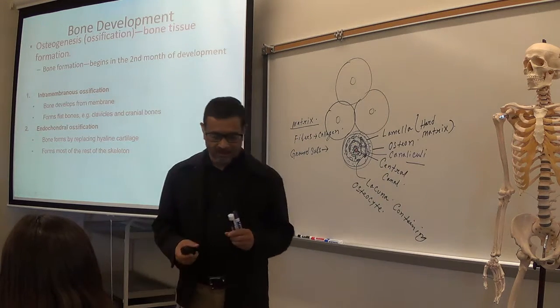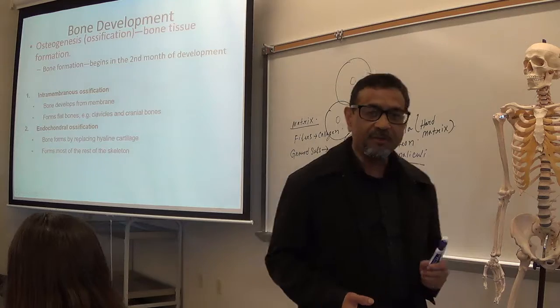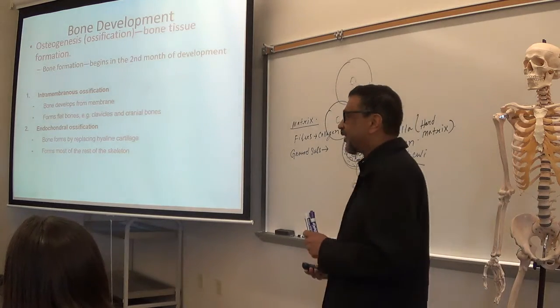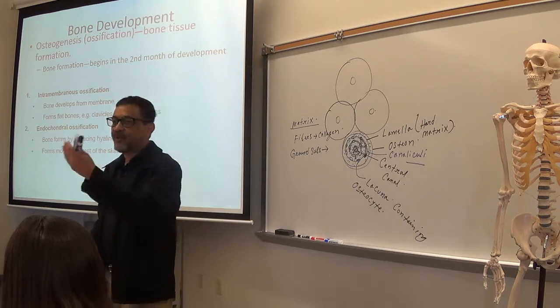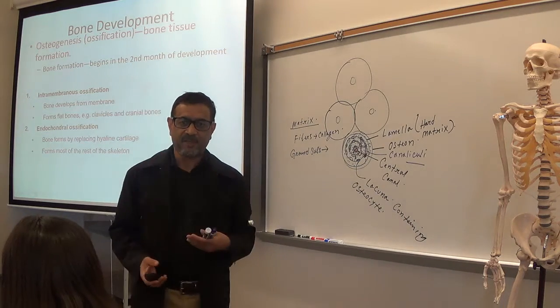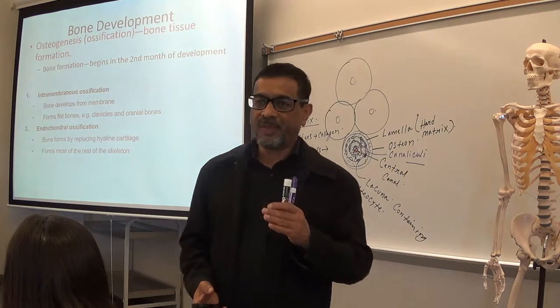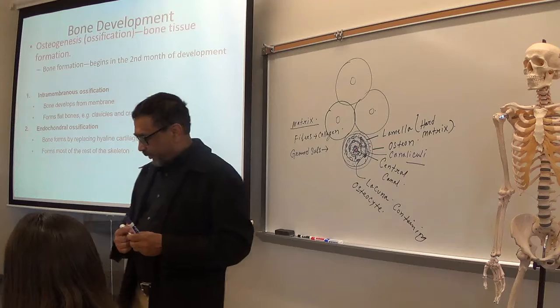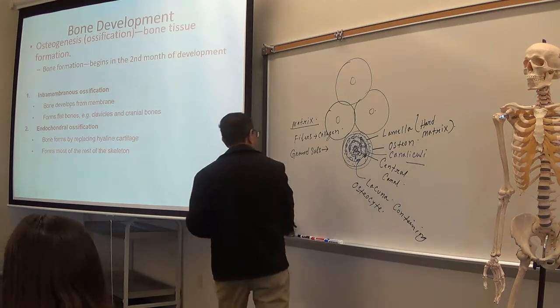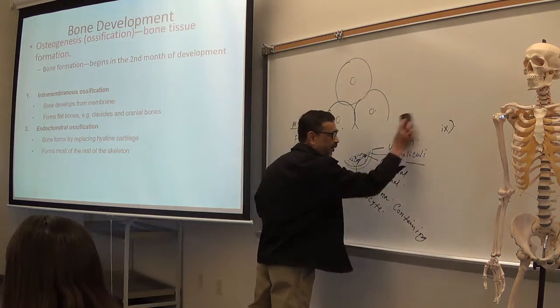The process of bone formation is called ossification or osteogenesis. Same thing. Osteo means bone, genesis is formation. How are the bones formed? In two ways the bones are formed in your body.